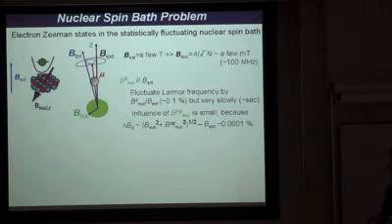Okay. So the T2 star origin is believed to be due to the fluctuation of the nuclear spin bath. This effect will be discussed in detail by Professor Ross in the next talk, so I do not have to discuss more. But very briefly, if there is a fluctuation of the nuclei in the bath along the z-axis, the fluctuation is very, very tiny, expected to be 0.1% compared to the external applied magnetic field. This percentage is very tiny, but it can still fluctuate the Zeeman energy or Larmor precession frequency.